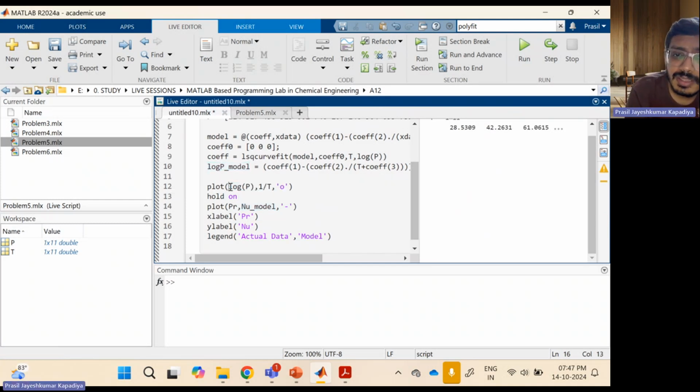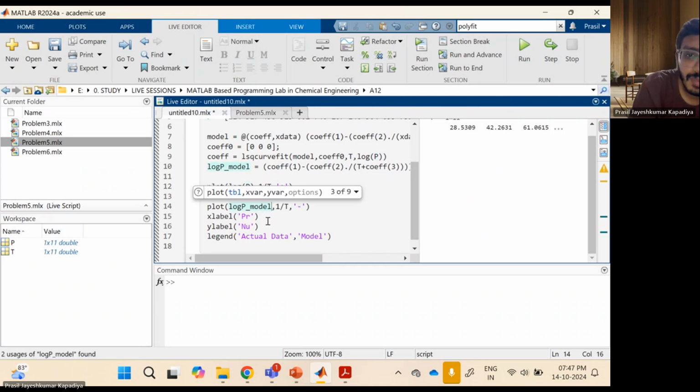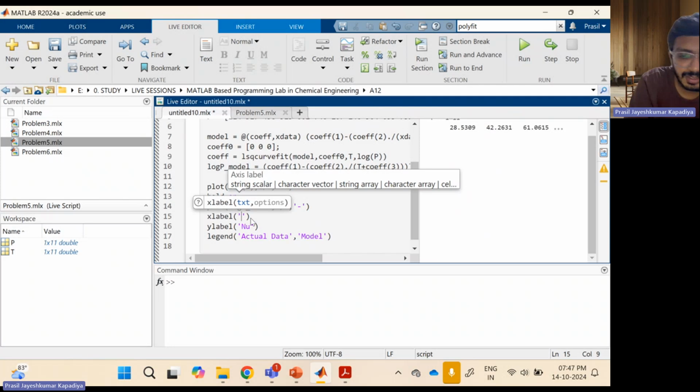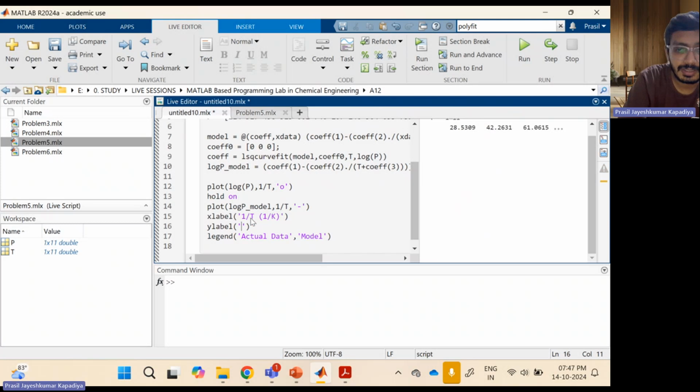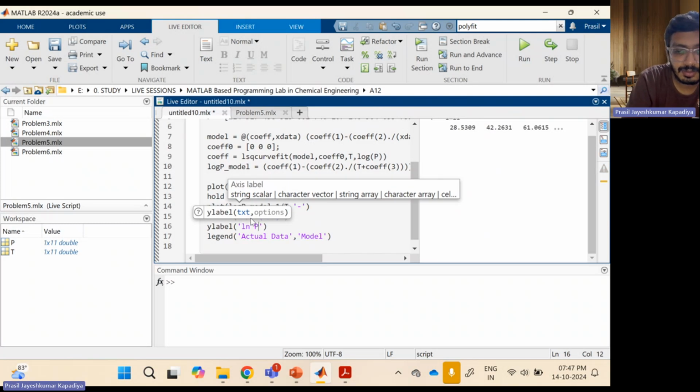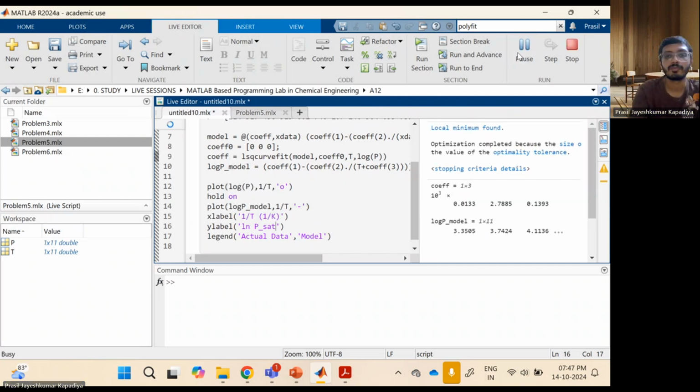Okay, on x-axis it is 1 by T in units of 1 by Kelvin, and the y-axis is ln P sat. Okay, so let's try to see.